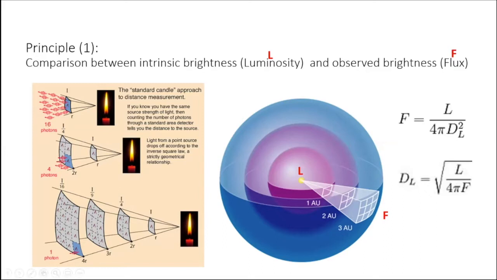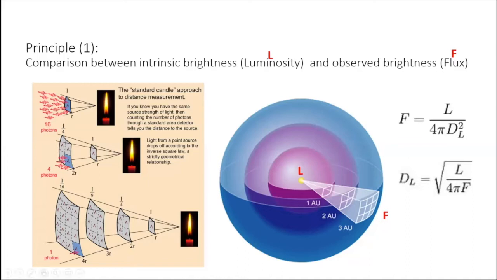Right. So dL is now what we call the luminosity distance, as the square root of L over 4 pi f. So basically, if you know your flux, and if you know the intrinsic brightness of the object, you could determine distance, and vice versa.